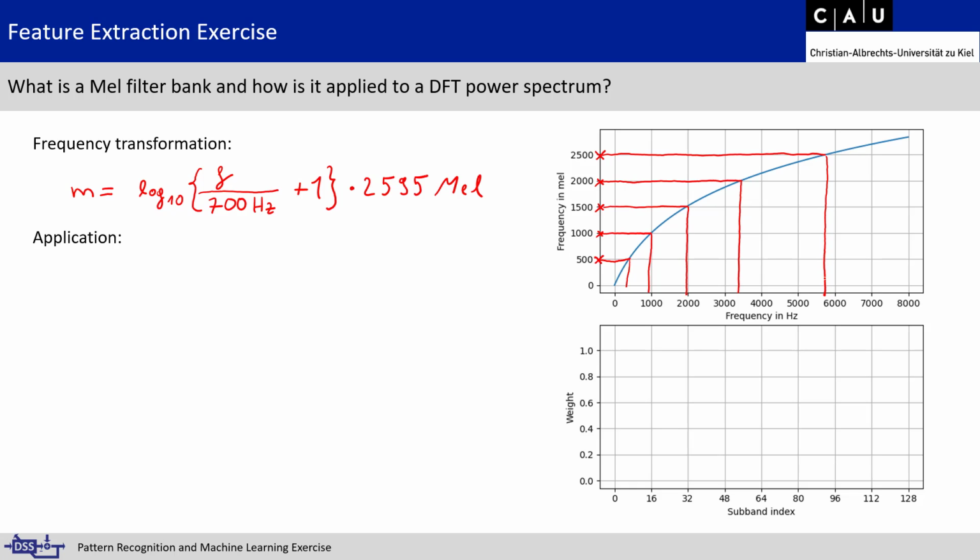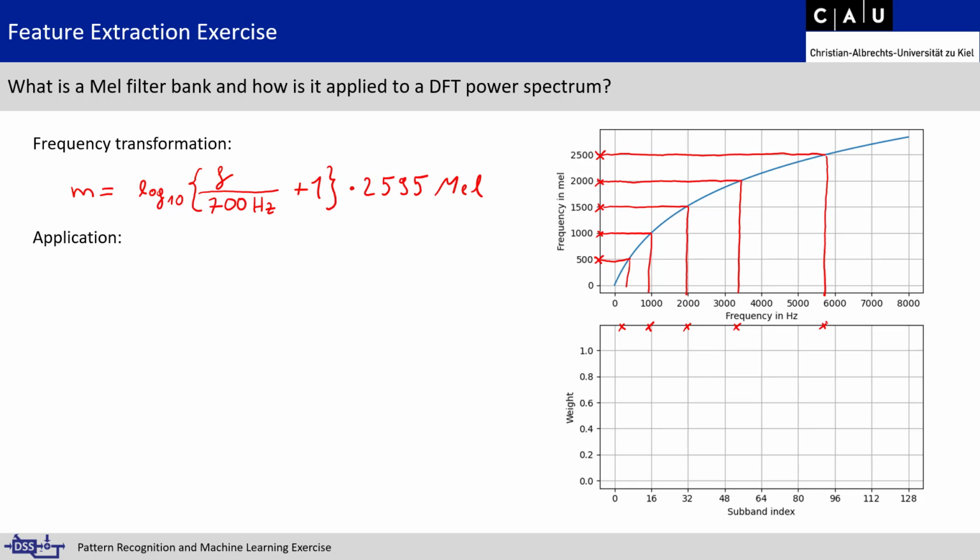If we want to design our MEL filter bank using triangular filters, then I want the peak of my triangle to be on those center frequencies. So I can mark those 5 frequencies here. That's where the peaks of my triangles should be. If I want a 50% overlap, then those center frequencies are also starting points or ending points for other triangles.